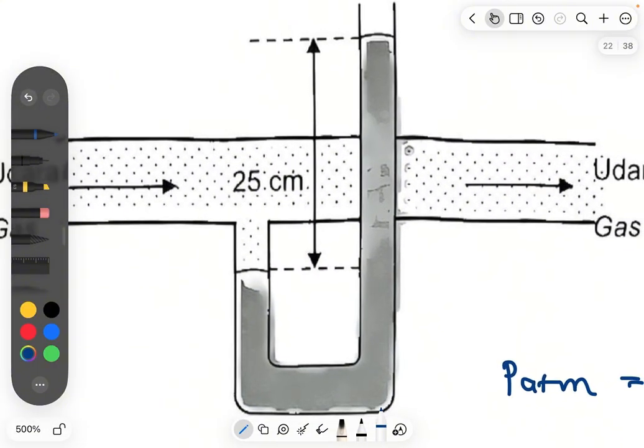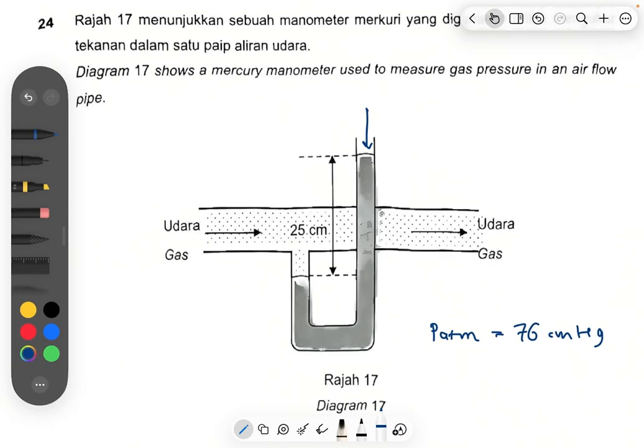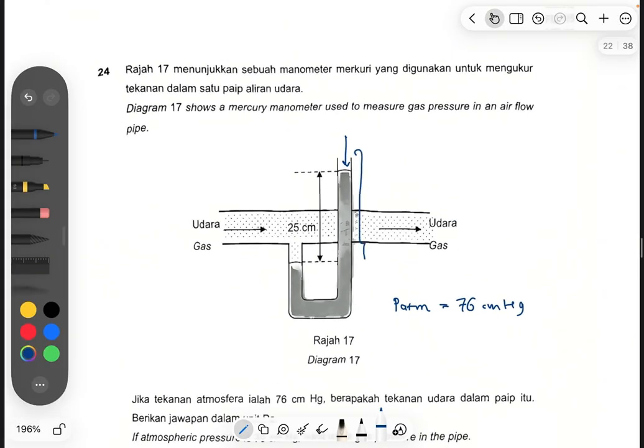So this is 25. If atmospheric pressure is the whole thing, right? Because atmospheric pressure is here. So meaning that from here to here? Okay. 76.